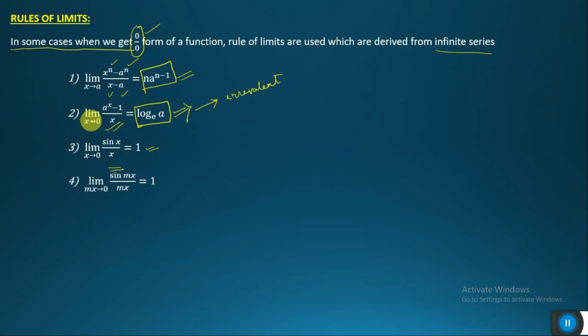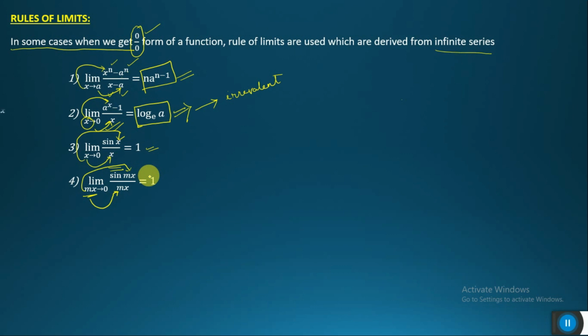Now focus on something. What x is here, that x is present here as well as here. What x is here, x is present here and a is present here. You should try to find the exact same thing in your problems. So if there is x here, there should be x here and x here. Then only you can apply this formula, otherwise you cannot. Here it is mx, so you should get mx here and mx here.